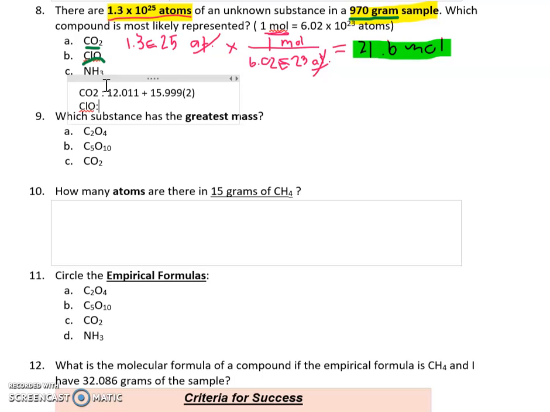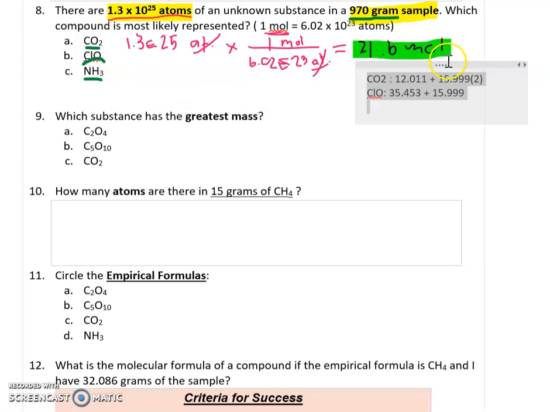ClO has a mass of, what is chlorine? 35.453, I think, 35.453 plus the O, which is 15.999. And then I have the molar mass of NH3. N is 14.007 plus hydrogen is 1.008, but there are 3 of them. So now I can go and solve this number.